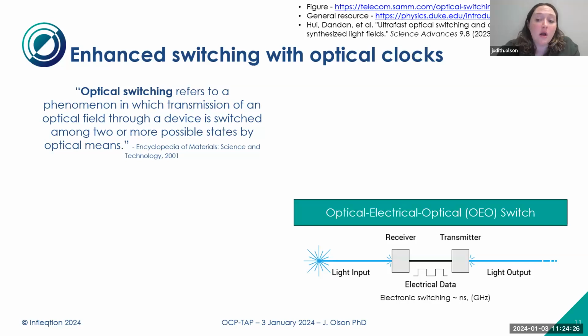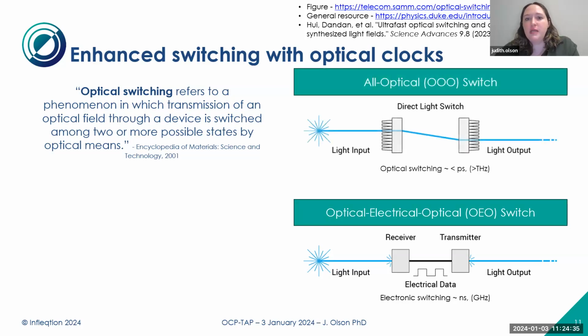This is fairly power-hungry, and it's inefficient overall. You waste a lot of power by having to go back to the optical. So there's a real push lately to work on all optical switching modalities, where you have optical in, you do your switching itself in the optical, and then you have your optical coming right back out. This can be a lot faster and less power-hungry than optical switching.